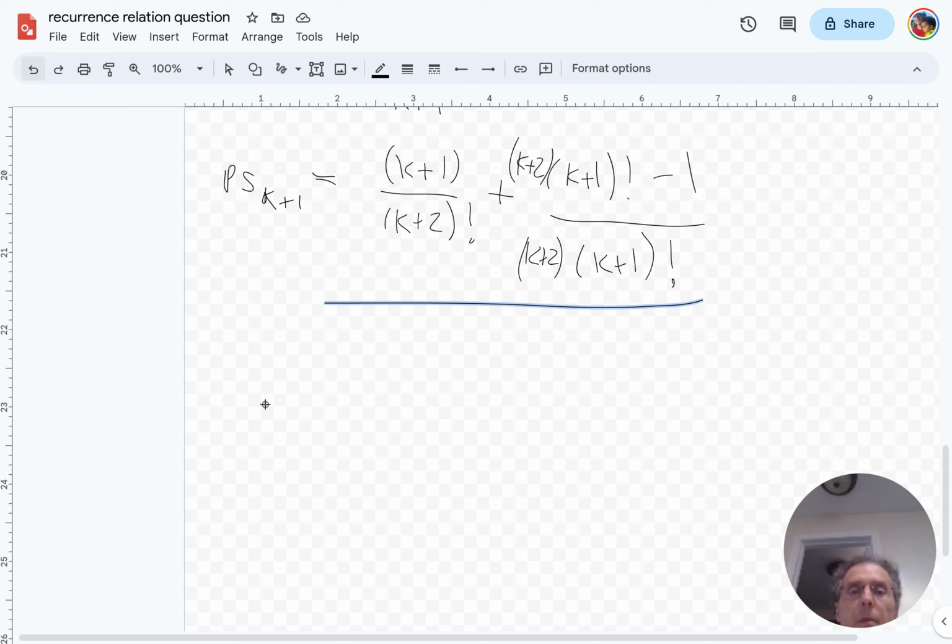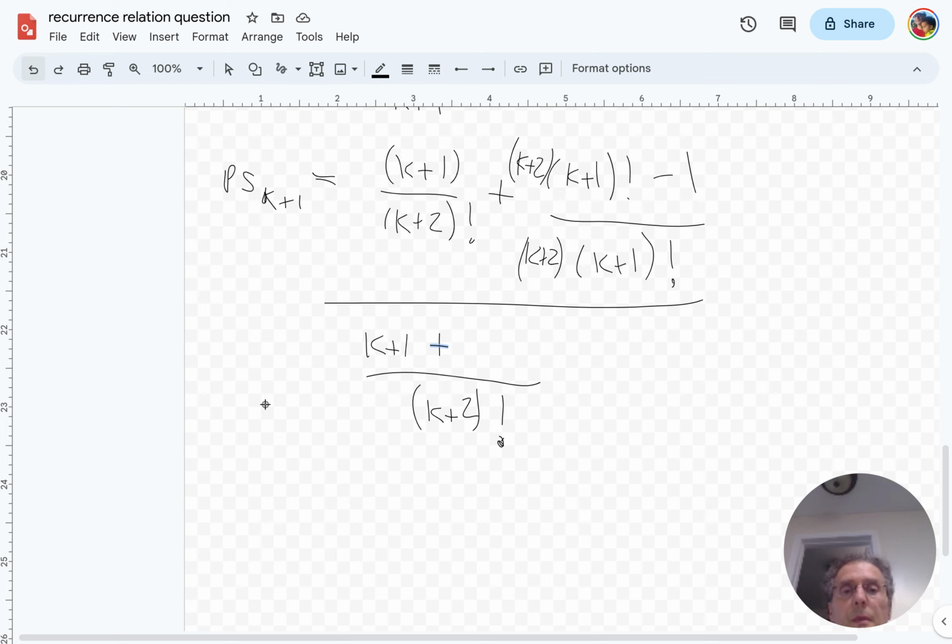Because k plus 2 times k plus 1 factorial is the same as k plus 2 factorial, by the definition of factorial, right? So all we have here is k plus 2 factorial on the bottom, and on top it's k plus 1, let's make sure we don't make any mistakes here, plus, yes, we can do that.